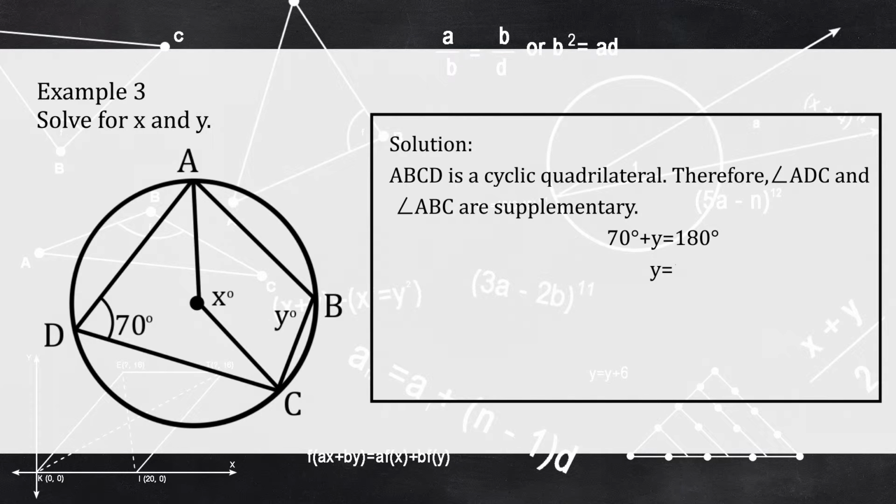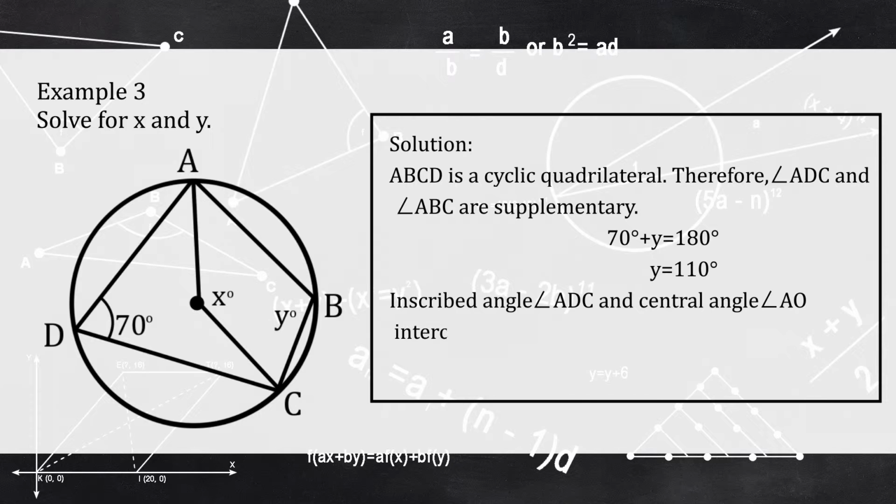And so we're able to solve for y, which is equal to 110 degrees. Inscribed angle ADC and central angle AOC intercept the same arc AC. Thus, x is equal to 2 times 70 degrees, which is equal to 140 degrees.